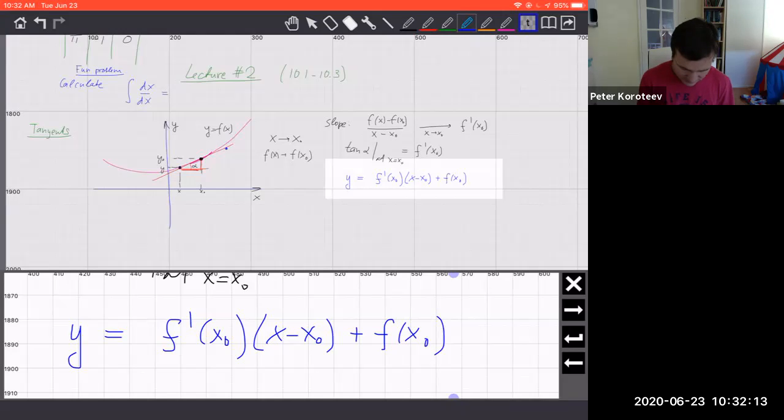This is the equation for the tangent line, right? You can check that when x is equal to x0, this term vanishes and y becomes f of x0, which should be the case, right? And the slope is f prime of x0. Any questions?